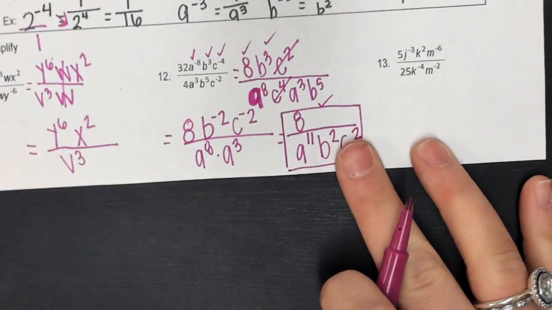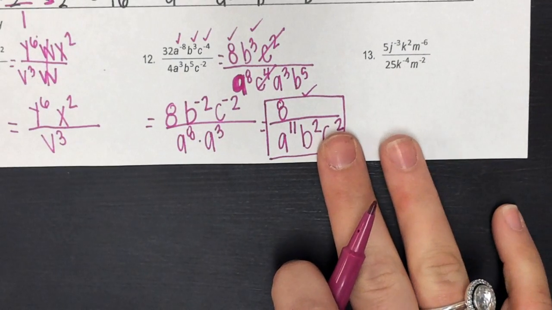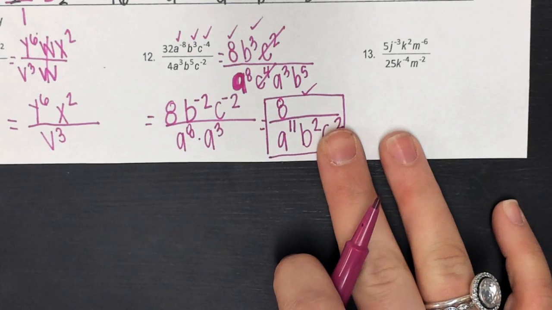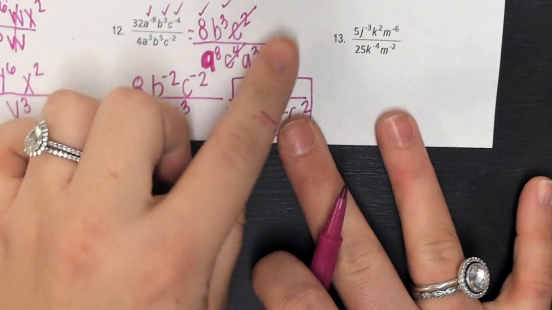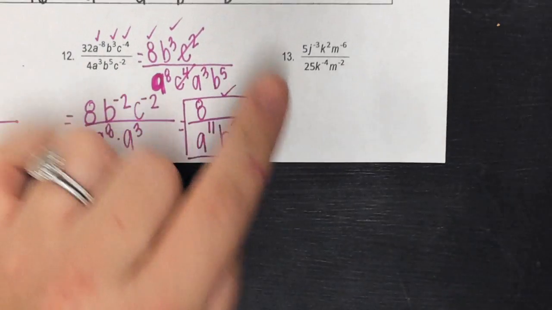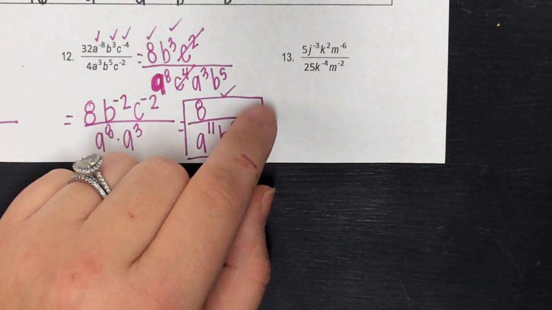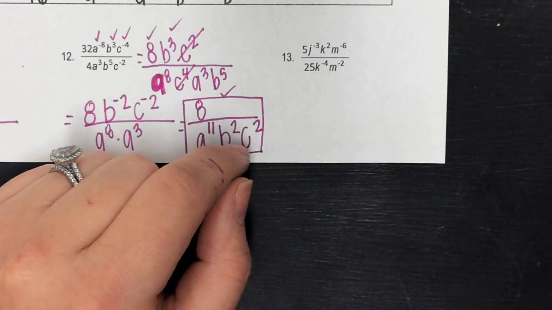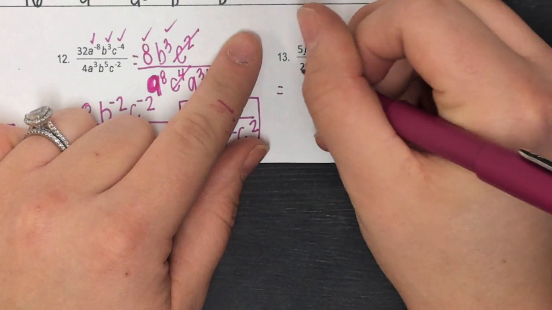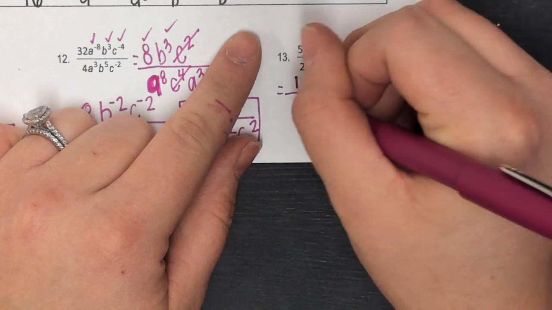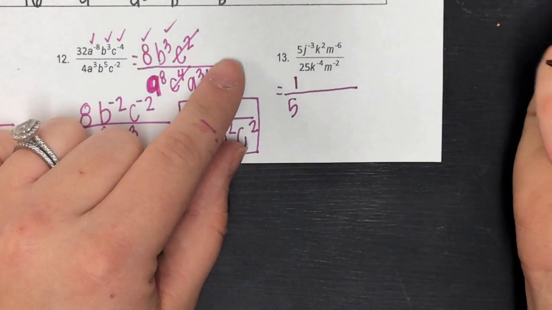Yes, that's the answer. Do you want me to do another one with you? Okay, let's do one more. The last one. Let's go ahead and make everything positive. What's 5 divided by 25? 1 over 5.